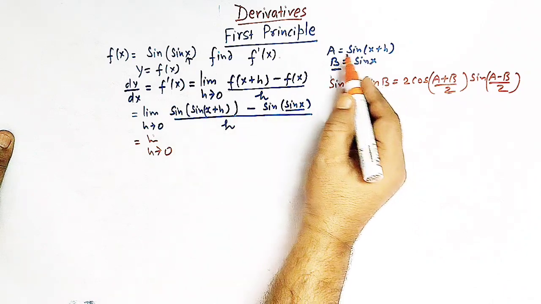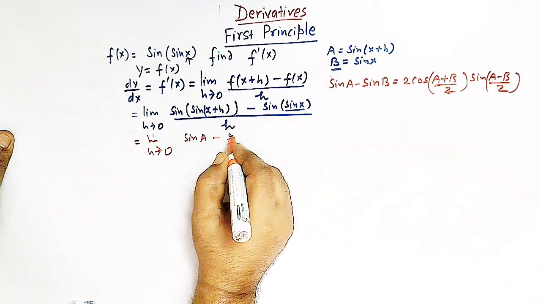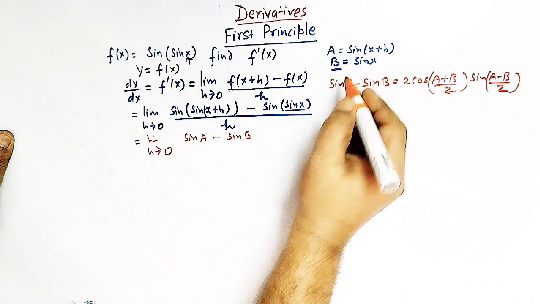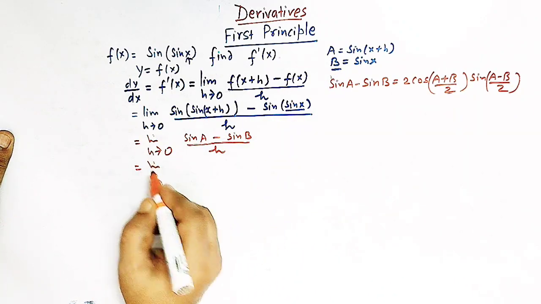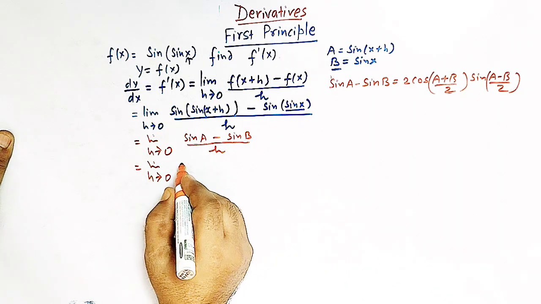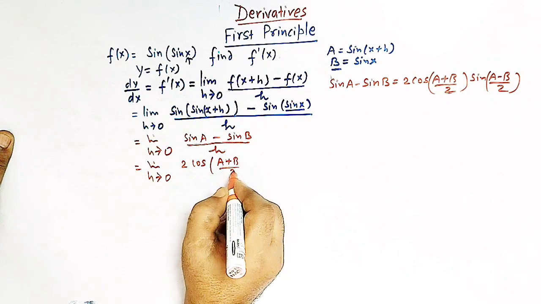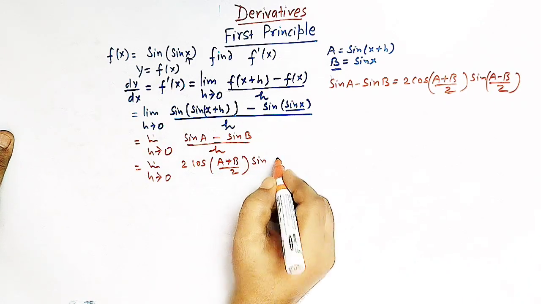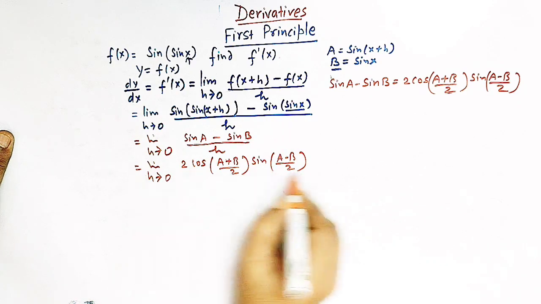Sine x plus h is a, so we have sine a minus sine b, because sine x is b, and here we have h. So now we can write limit h tends to 0, and we have 2 times cos of a plus b over 2 and sine of a minus b over 2, divided by h.